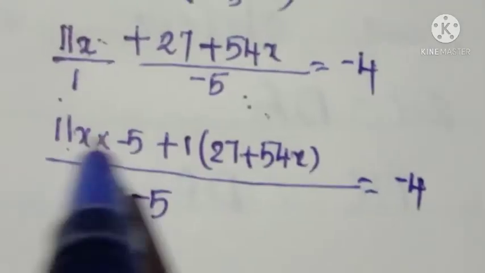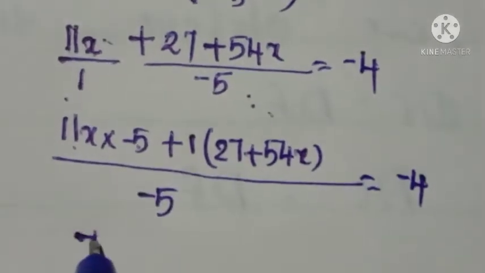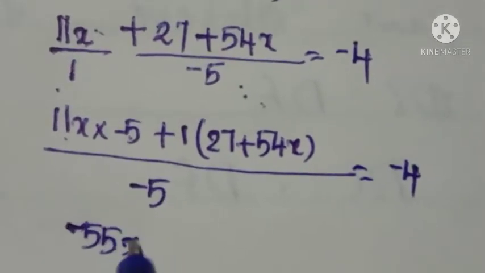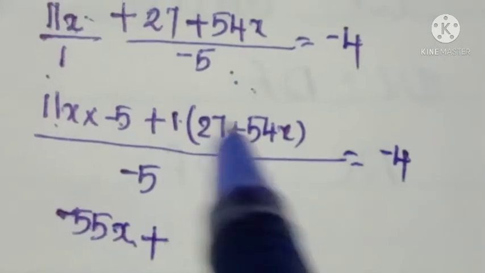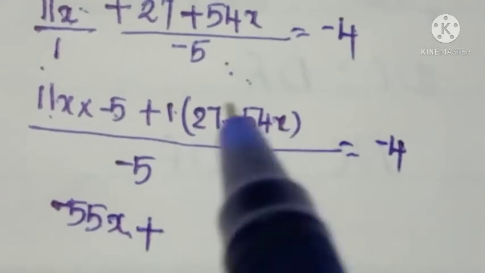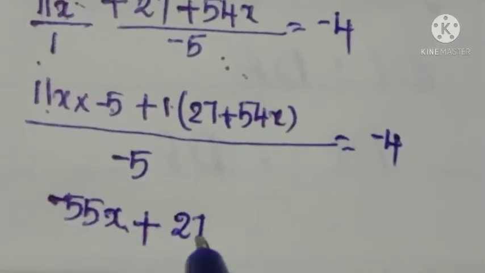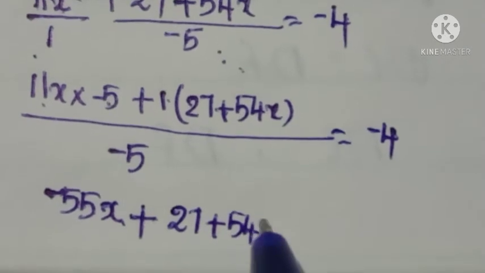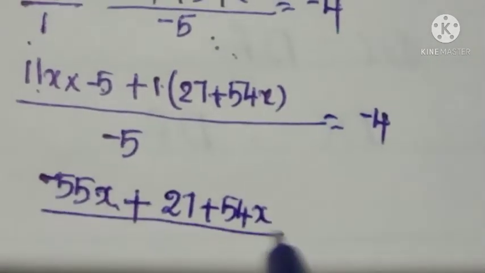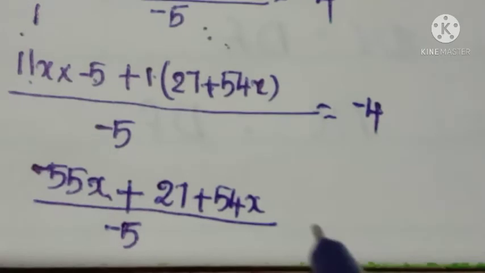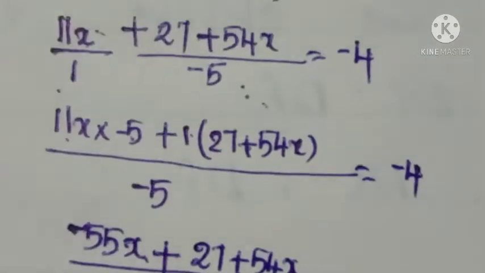Now 11x into minus 5 is minus 55x, plus 1 into 27 plus 54x is 27 plus 54x itself, divided by minus 5 is equal to minus 4.